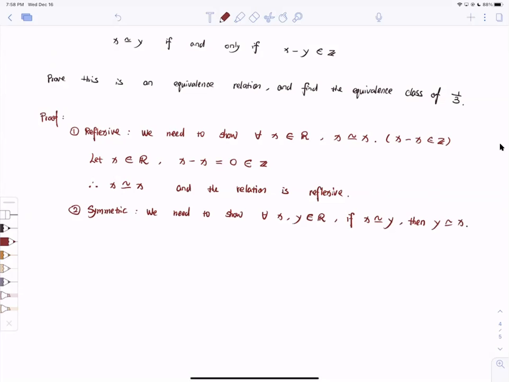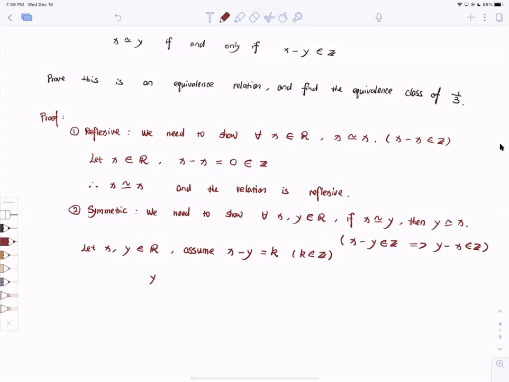In other words, we need to show that x minus y is an integer implies that y minus x is an integer. Okay, so let's pick two variables in real numbers. So we pick any two arbitrary elements of the real numbers, and assume that x minus y equals k, where k is an integer. Now we need to show that y minus x is an integer as well.